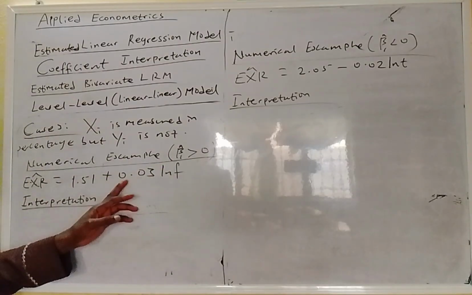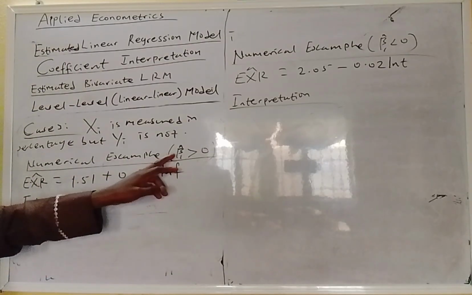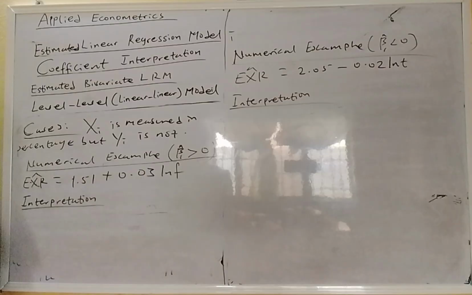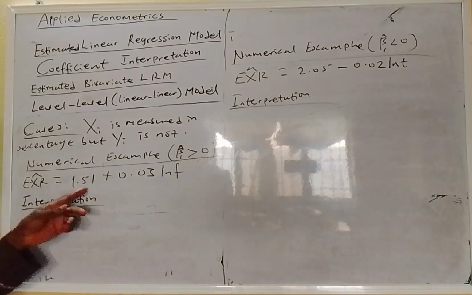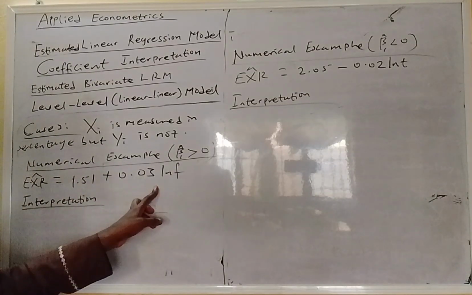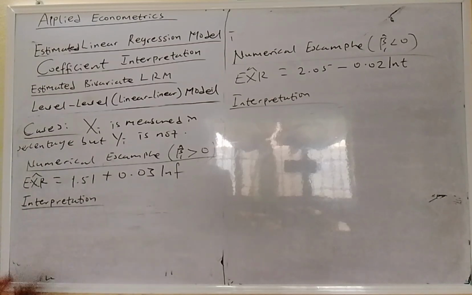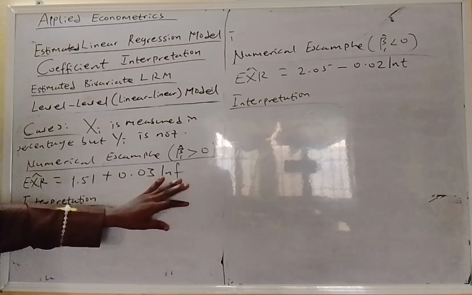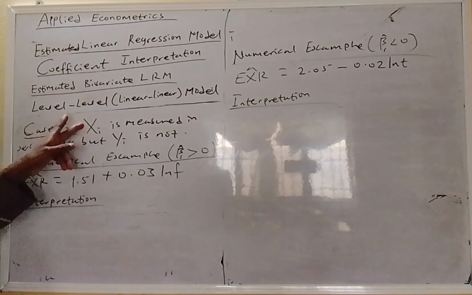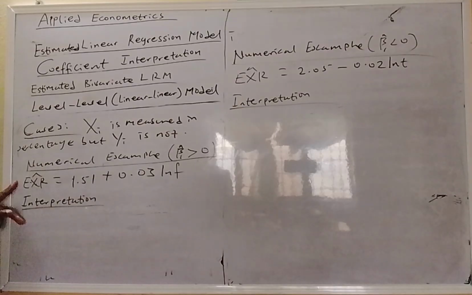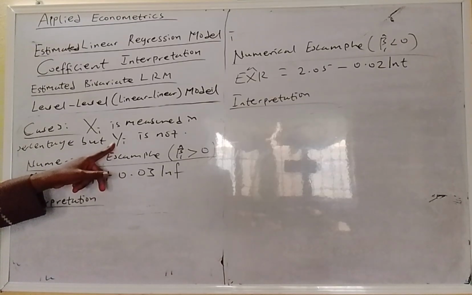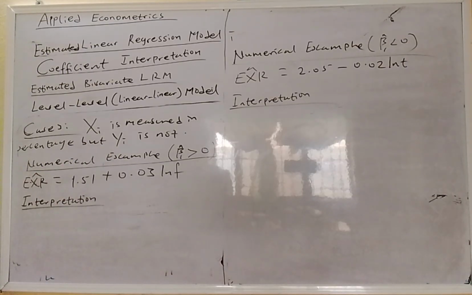You can see 0.03 corresponds to beta 1 hat here, and it is positive because we have 1.51 plus 0.03 inflation. Inflation is measured in percentage, corresponding to X, while we have the exchange rate, that is Naira to $1, corresponding to Y.